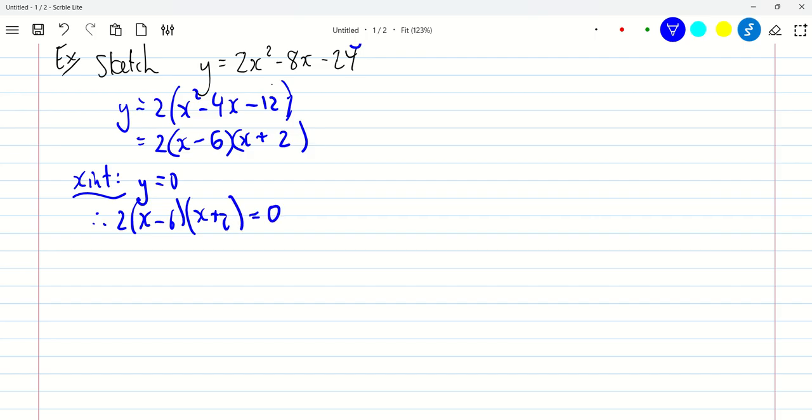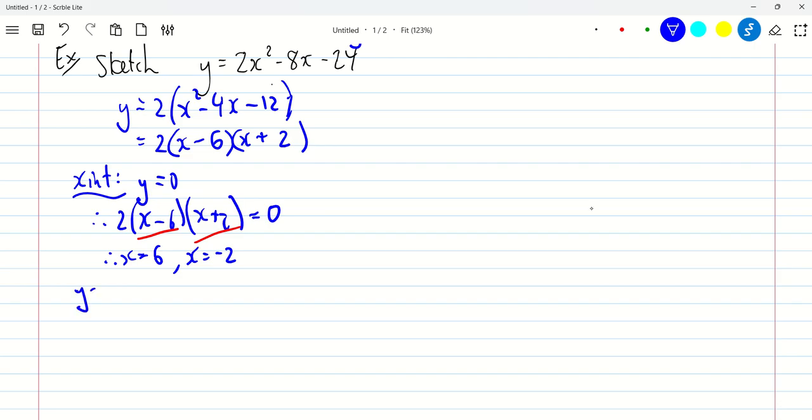And remember, the null factor law says that if any two things are multiplied together and we get 0, then one of them must be 0, or both of them are 0. So if x minus 6 is equal to 0, then we get x equals 6. Or if x plus 2 is equal to 0, then we get x is equal to negative 2. So there are my two x-intercepts.